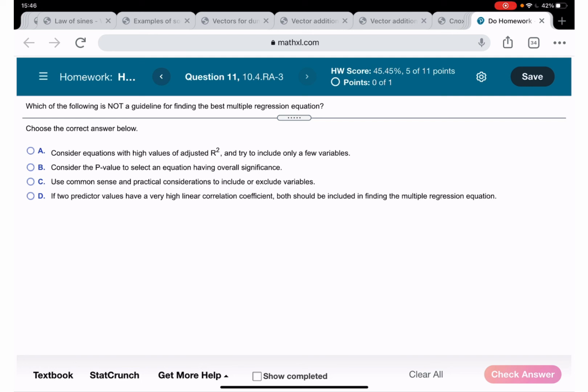No, that doesn't mean they would both be included, because we are not looking at the correlation between themselves, right? We are looking for the correlation coefficient between x and y. Okay, so this is the one that is not a guideline.